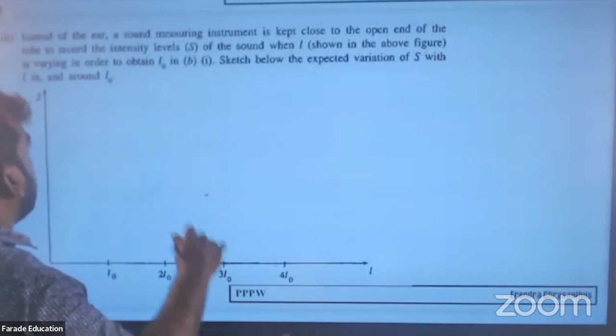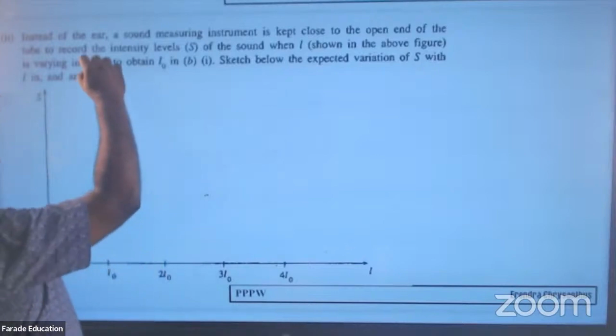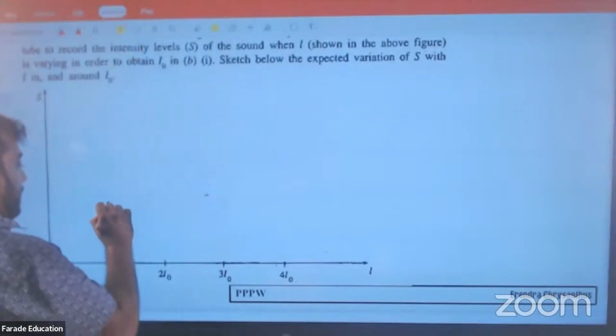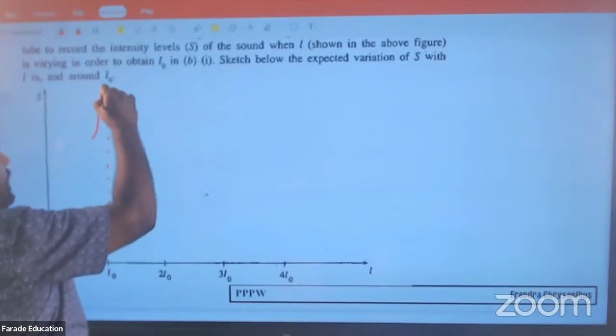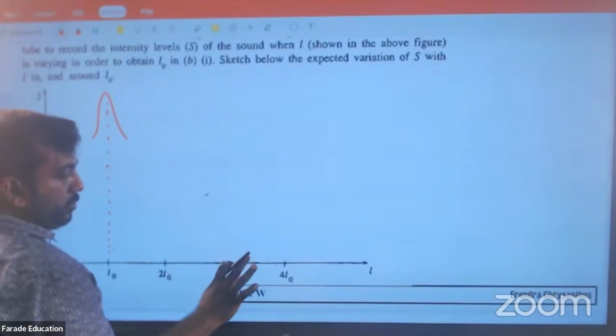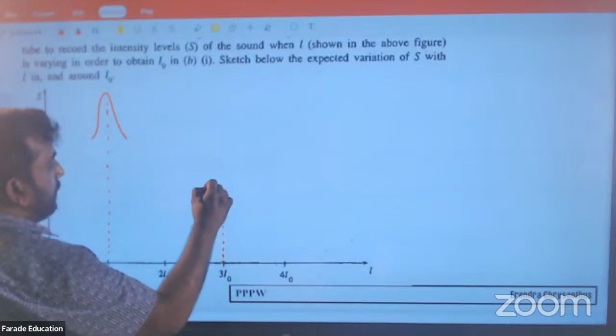Instead of the ear, a sound measuring instrument is kept close to the open end. By varying L naught, we can obtain resonances. Now, remember L naught is the fundamental. Fundamental means greatest intensity. Then 2L naught we don't have, closed tube, no? 3L naught, third harmonic.